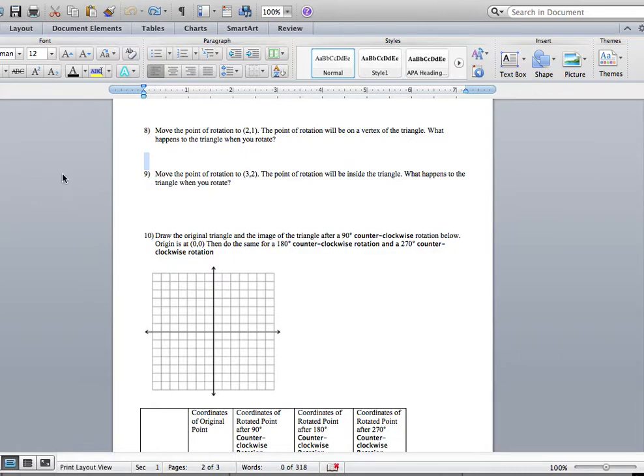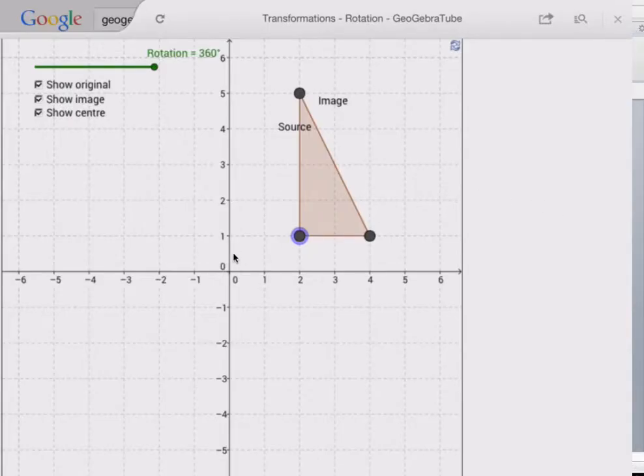So if you look at the graph, this is now the center of rotation. This is at this vertex here, at 1, 2, that's a vertex 90 degrees. So let's rotate it and see what happens. Let's put it back at 0.